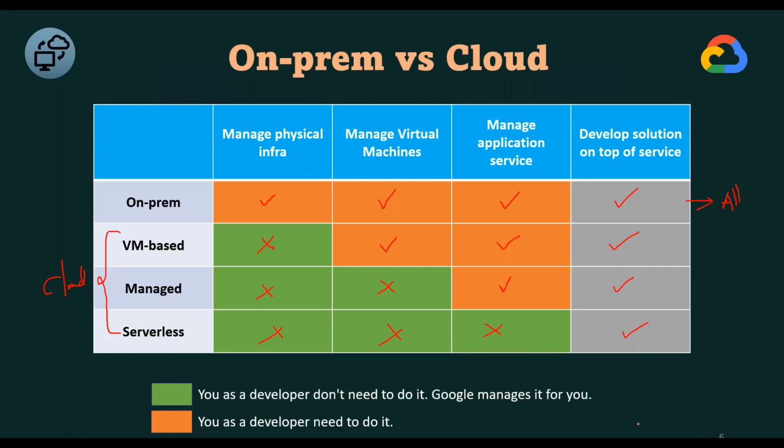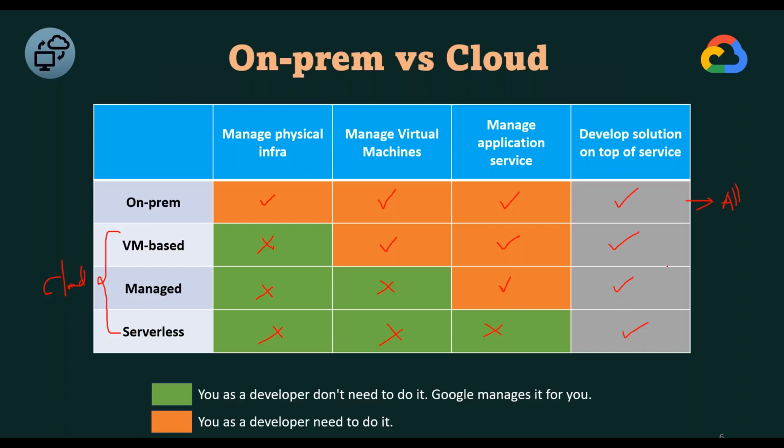Think about this image, it will give you very good information. When you're working in on-premises, you have to take care of all the things. When you're working in a cloud, you have three options based on your requirement.